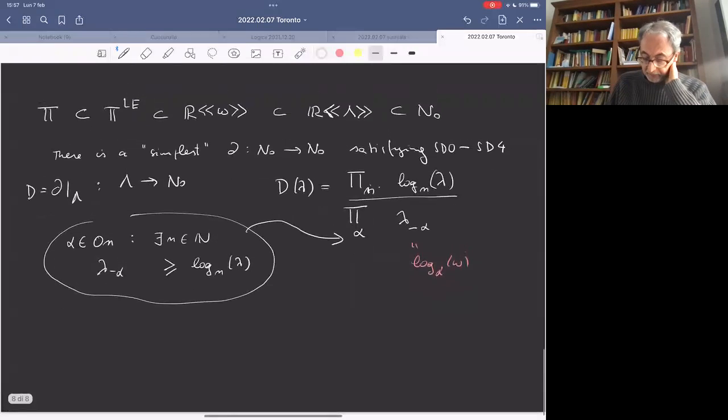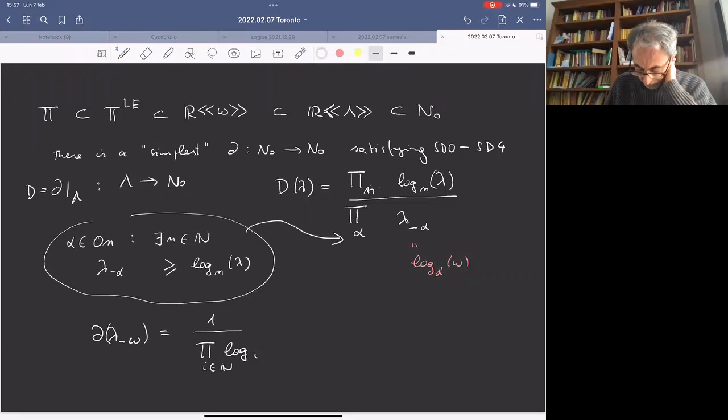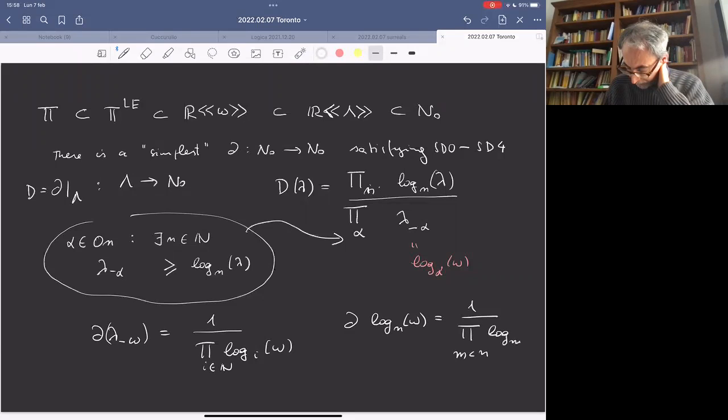Doesn't really matter why we end up with this formula. Let's just observe that the derivative of lambda minus omega is what I said before, the product of the logarithms, while the derivative of log n times of omega is the product n minus n log n times of omega.